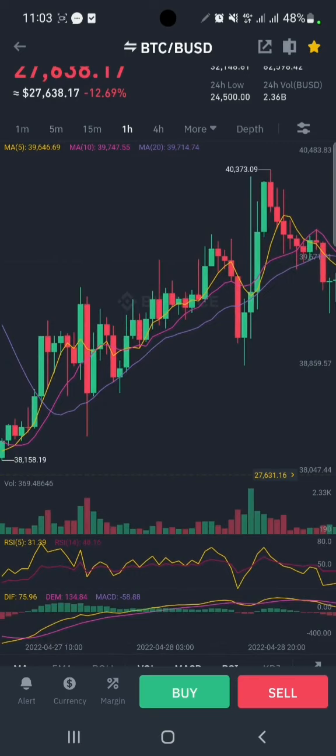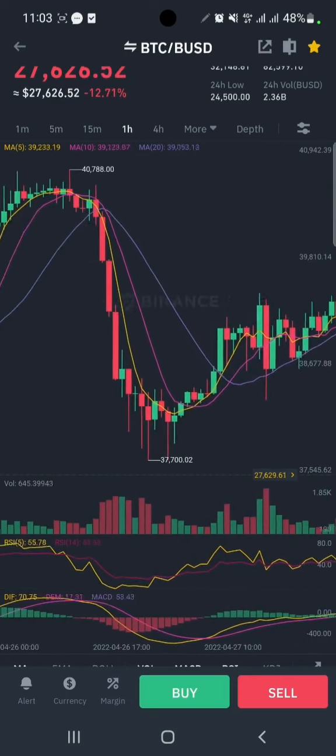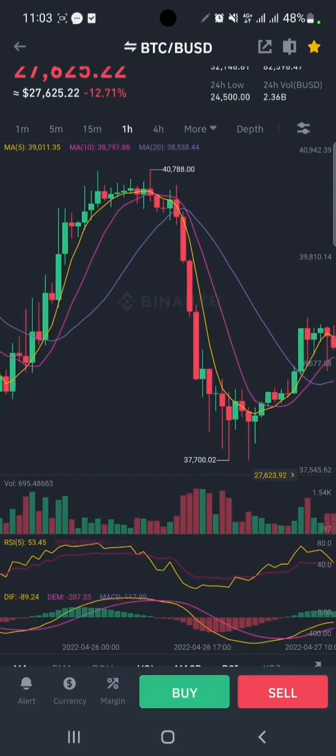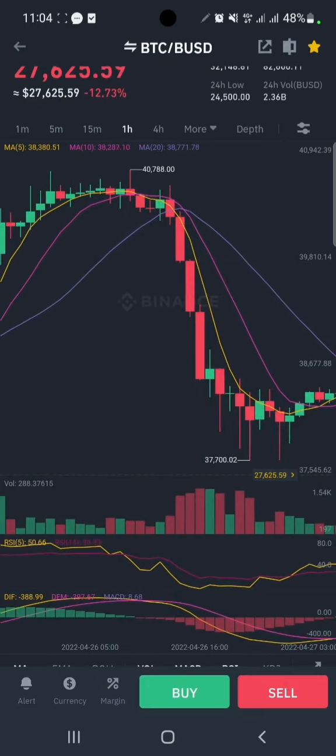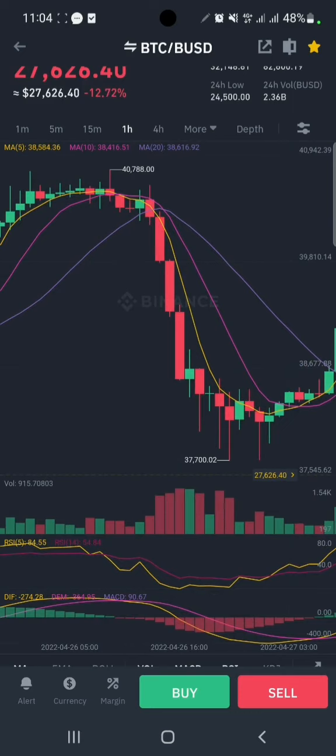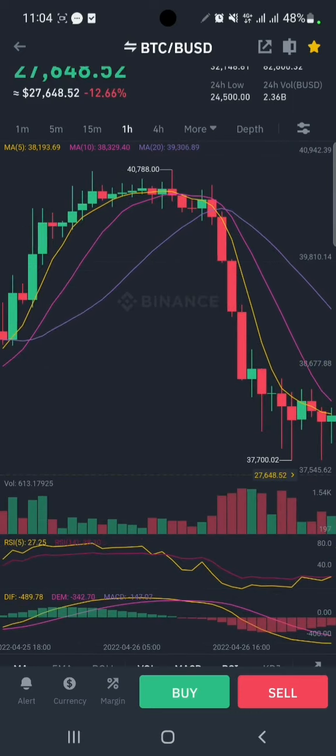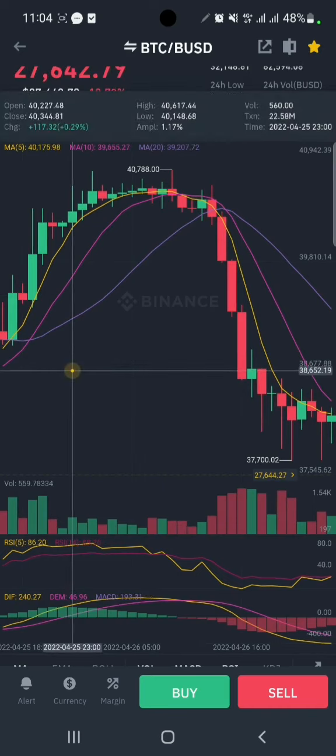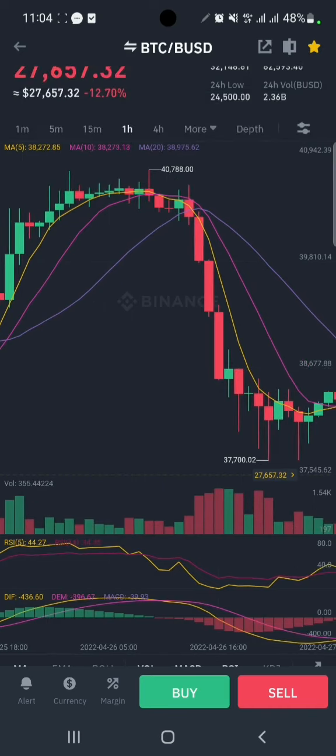So how do you now use this information? These moving averages will help you. Let's consider where this super dip took place here. Look at it. When you see the moving averages converging and coming together, and they form almost a straight line, you know that the trend is about to change.